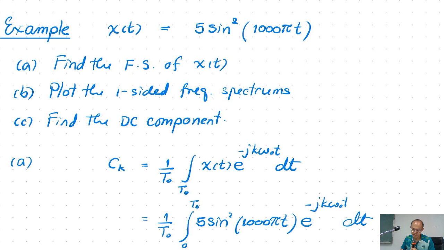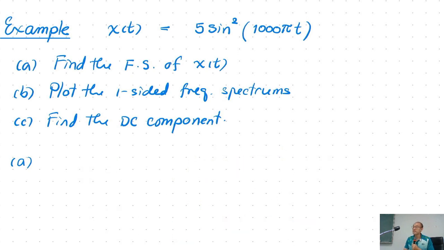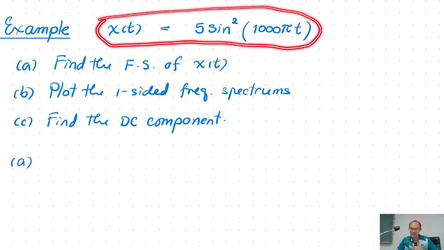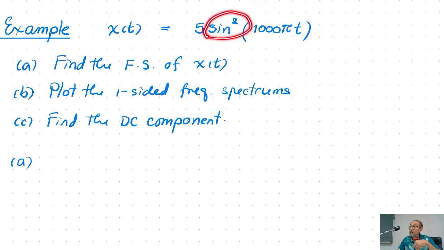I'm gonna erase this one, and I'm gonna have to take a look at the signal x(t). I have to take a look at sine square, and I'll need to use the trigonometric identities on sine square, right? So what do you know about sine square?